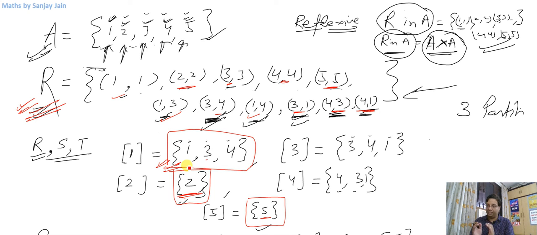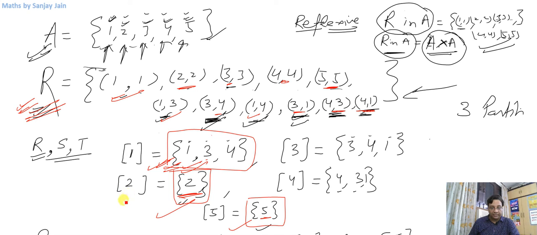So if I am given the partitions, every partition is a set, right? So the Cartesian product of this set with itself will give me, for example, I got these three sets as my partitions. If I take the Cartesian product of this with itself, it will give me how many elements? It will give me (1,1), (1,3), (1,4), (3,1), (3,3), (3,4), so total 9 elements, right?